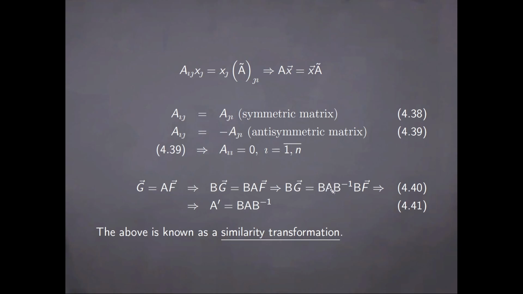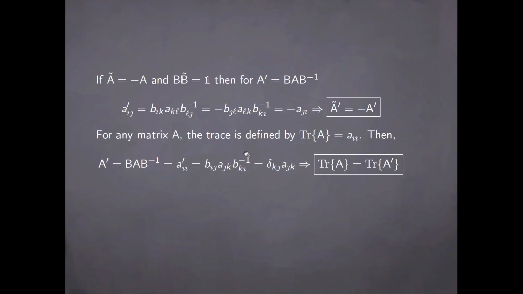So B applied to A applied to the inverse of B, and this kind of product of matrices is known as a similarity transformation, and it has several useful properties.